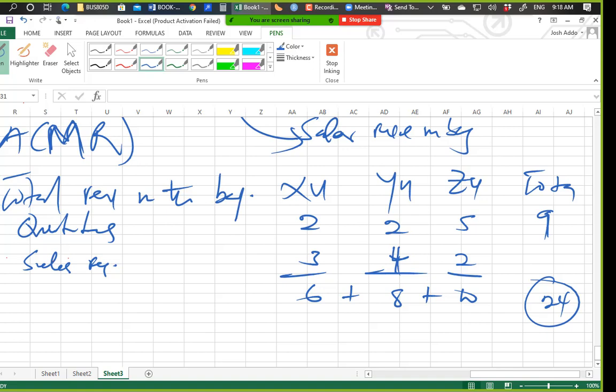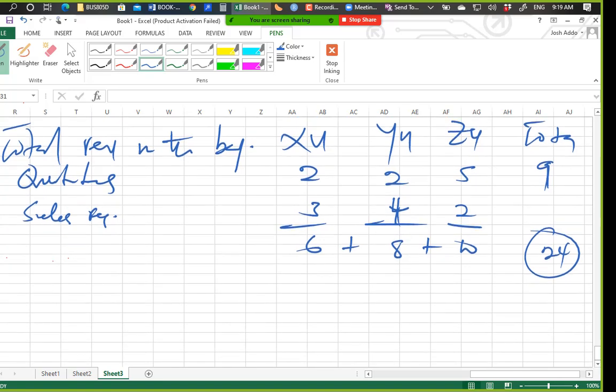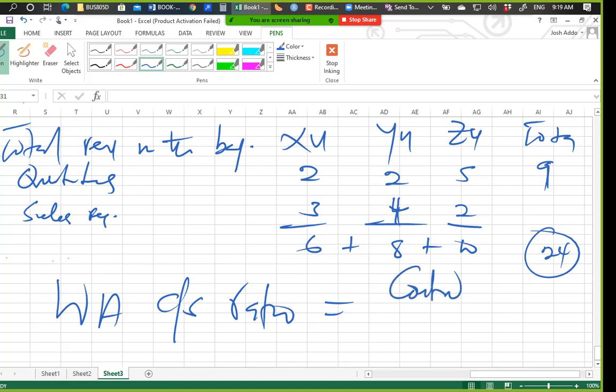So now this total revenue in the bag, if we divide the contribution in the bag, so weighted average contribution to sales ratio is equal to contribution of the bag, or in the bag, whatever, divided by revenue in the bag.